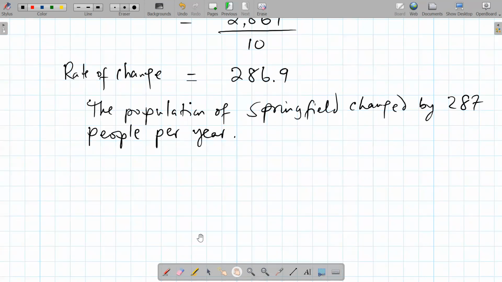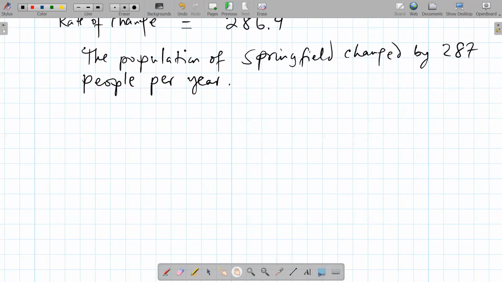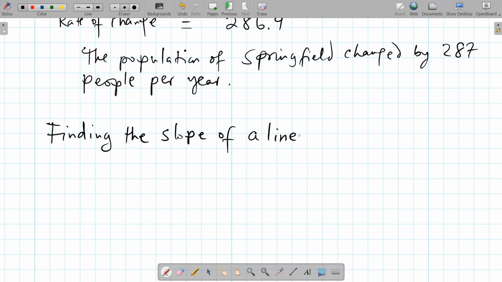So let's look at that quickly: finding the slope of a line from its equation.